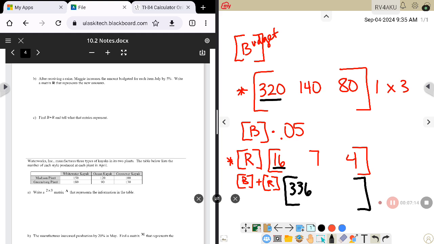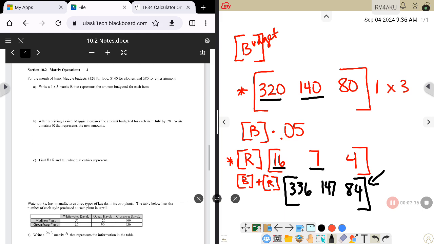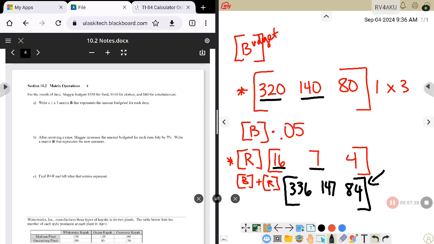I'll add the 140 to the 7, which gives me 147. And then I'll add the 80 to the 4, which will give me 84. So what do these numbers represent? Remember, the first item was what she budgeted for food.